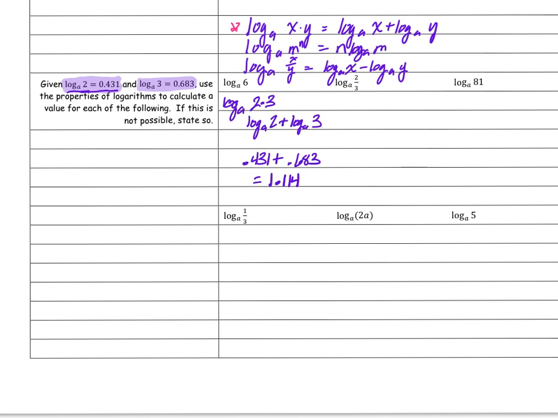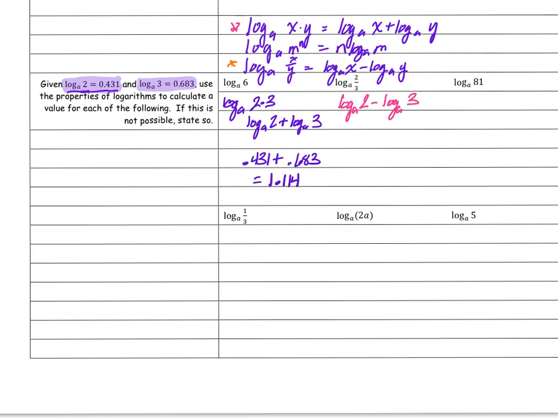So we're going to go to the next one. Do I have to rewrite this one in terms of 2 and 3? No, it's already in terms of 2 and 3. So I'm just going to use the property. And which property am I going to use this time? Well, I'm going to use the division property. So I'm going to say log base a of 2 minus log base a of 3.